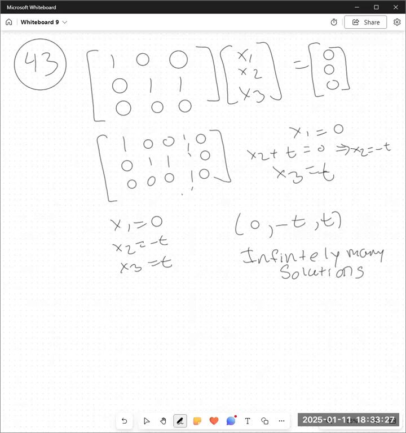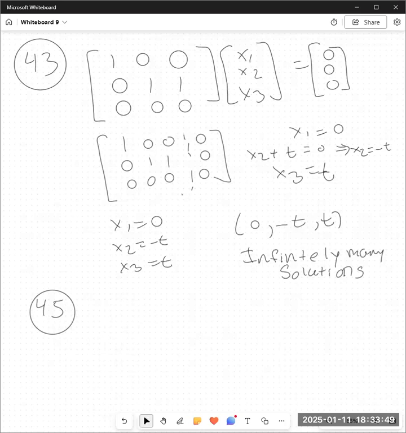So can't really call this one a line, or plane, or whatever it's going to be, because I am in 4 dimensions.